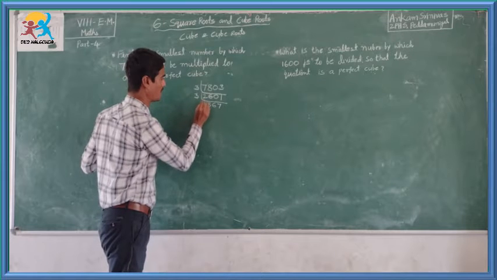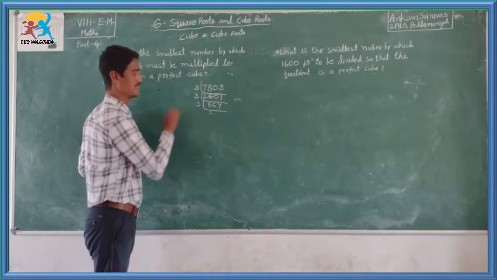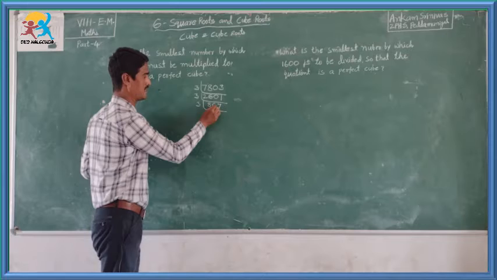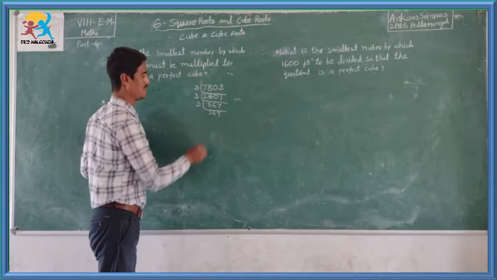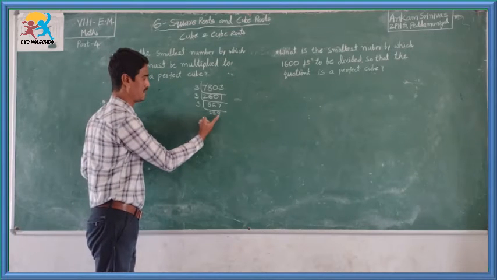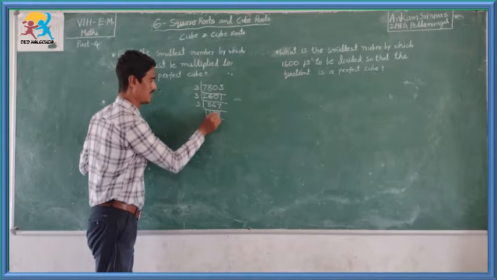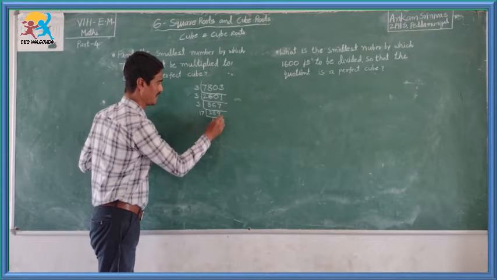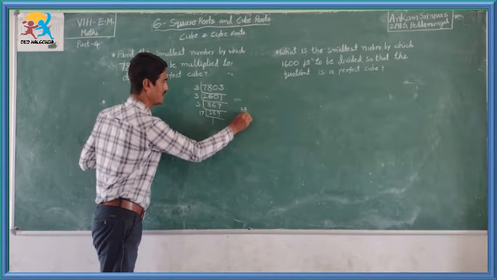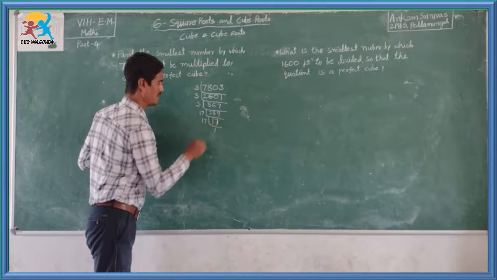Then again 3 table, 3 2s are 6, and 26 means 2 8s are 24 and 9s are 27, and it is not divided by 3, 7, 11 also. Let's take 13, 2s are 26, not divided by, 17 1s are 17, and we get 28 minus 17, 11, 17 7s are, so 17 1s are 17.